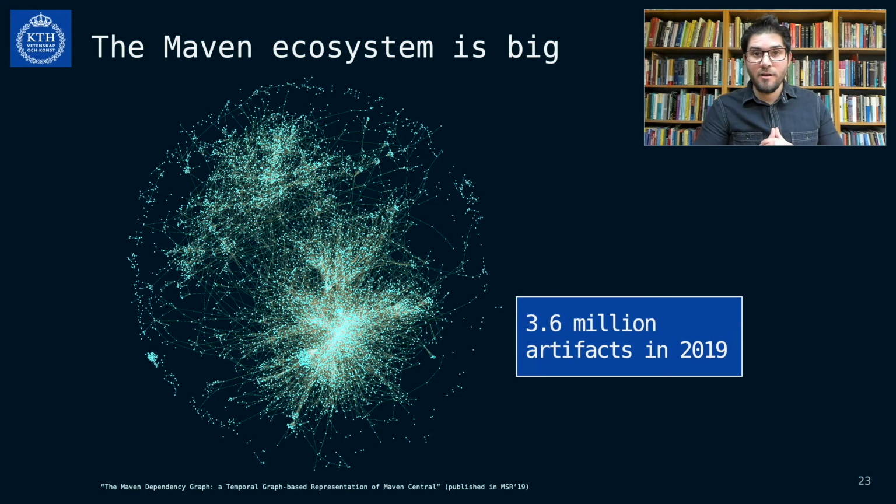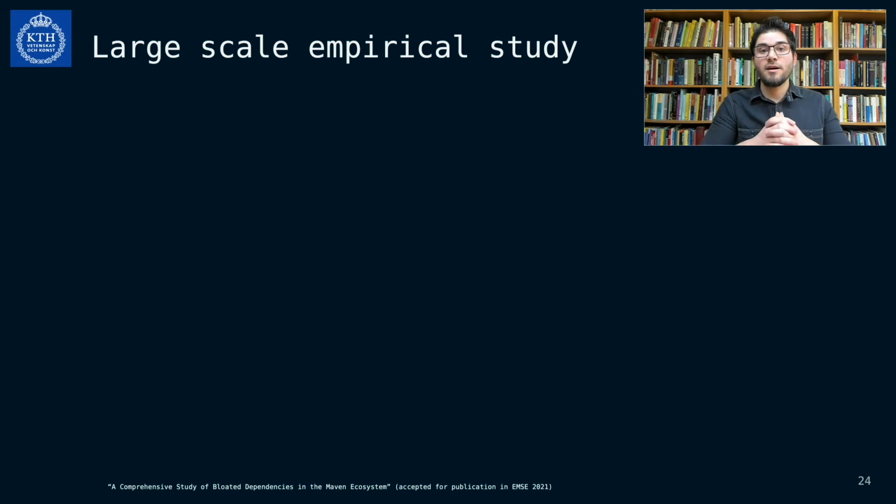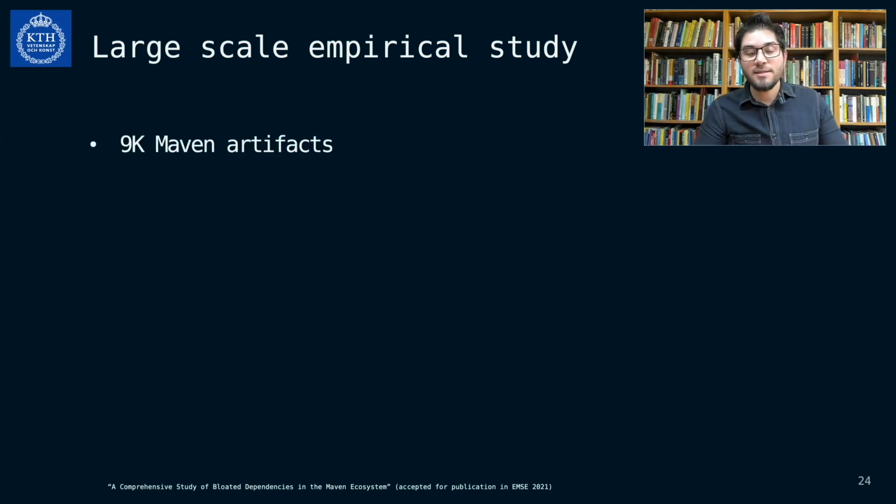Based on this graph, we selected a total of 9,000 Maven artifacts as study subjects. This selection took into account several criteria, such as diversity, which means that they belong to different Maven projects.